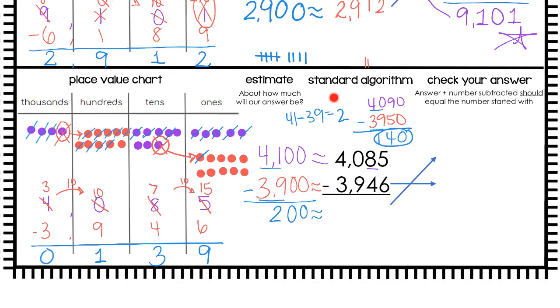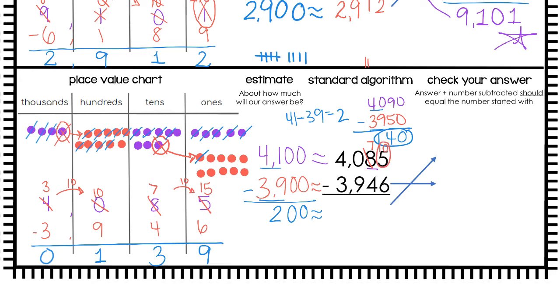Now it's time for me to do the standard algorithm. So we start in the ones place. 5 minus 6, can't do it. I have to regroup. 8 is now going to become 7, so I can regroup 10 more.